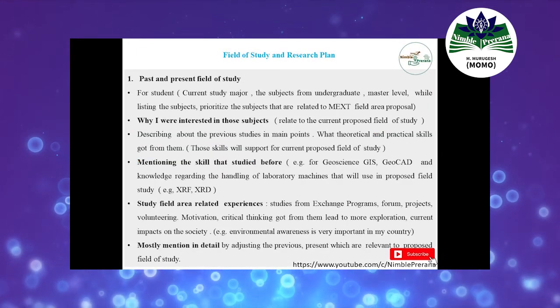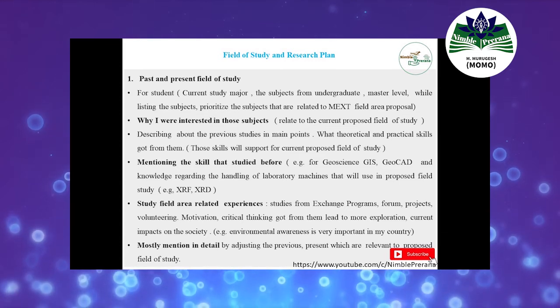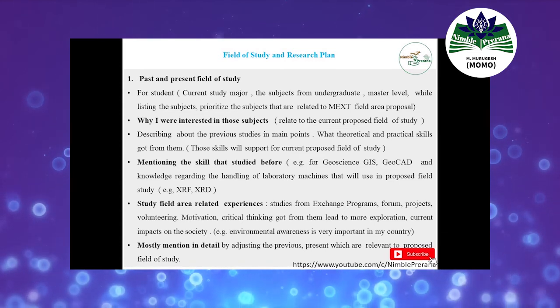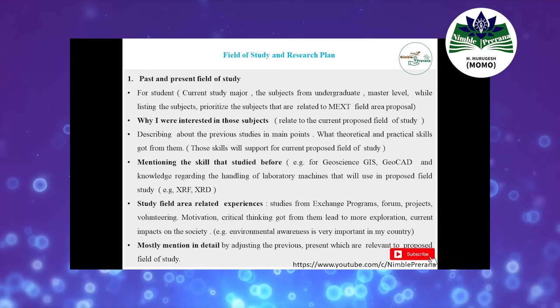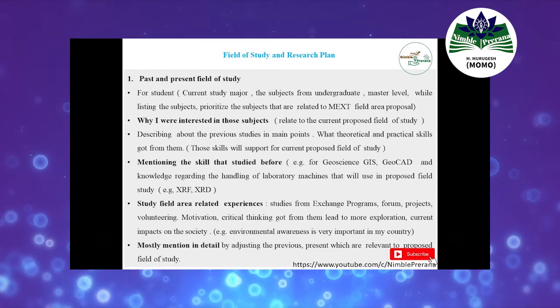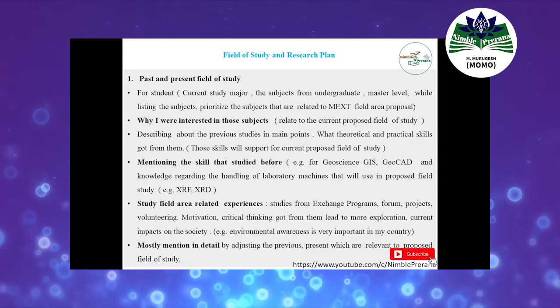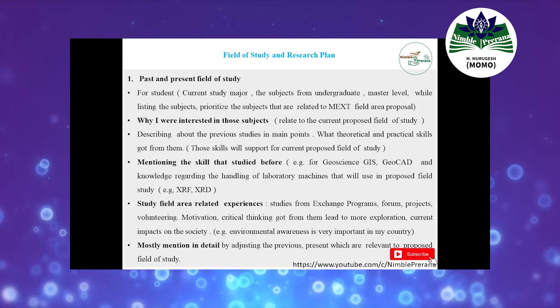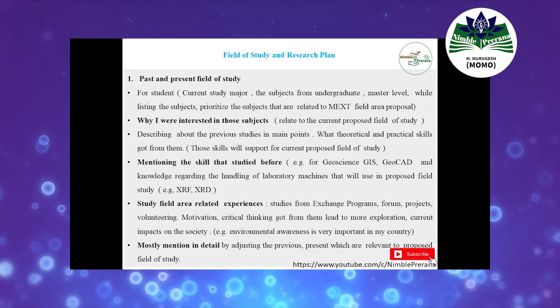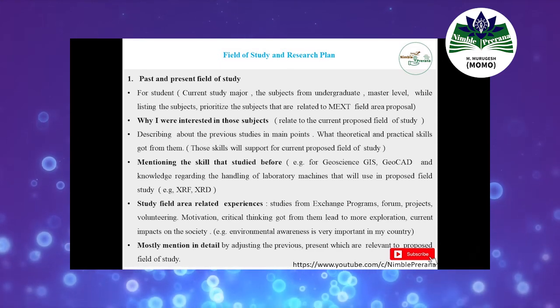In the case of the field study and research plan, there are 3 categories. The first one is past and present field study. As a student, in my case, I describe my current study major and the subjects from undergraduate, maybe master's or PhD level.